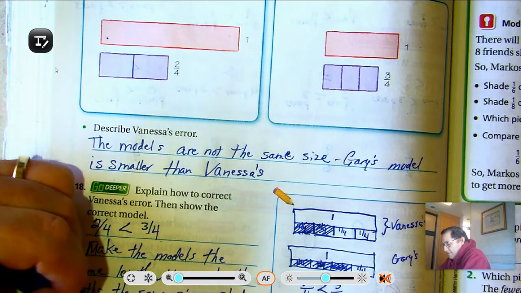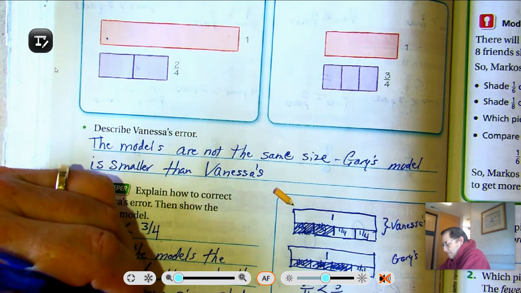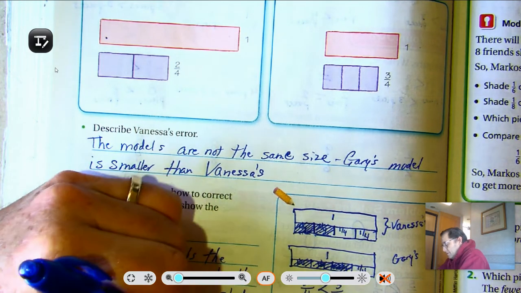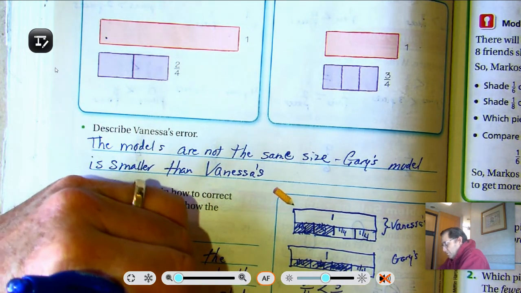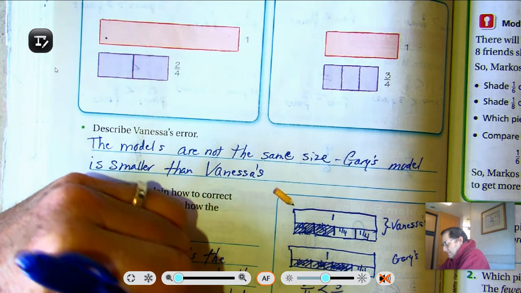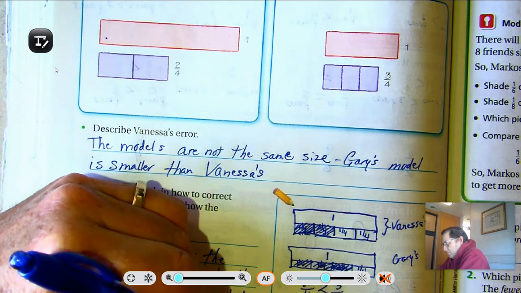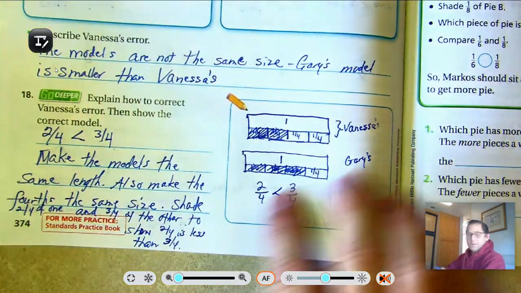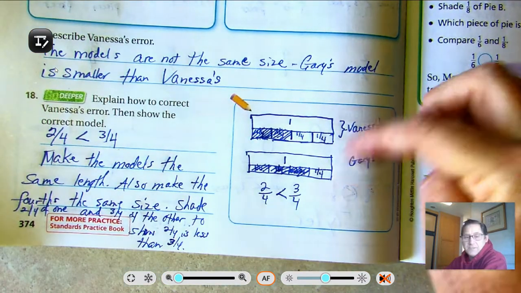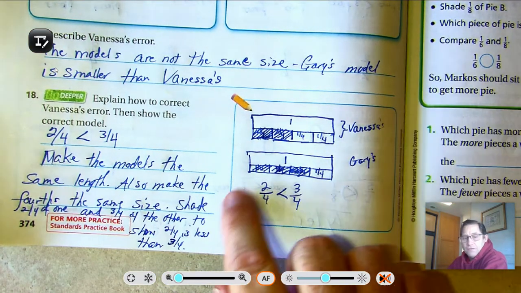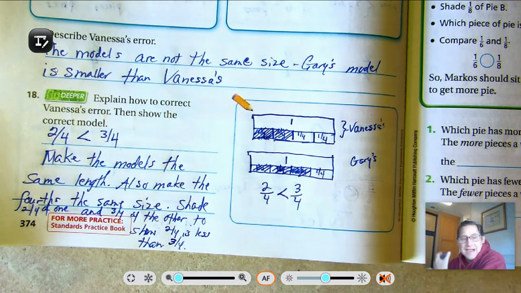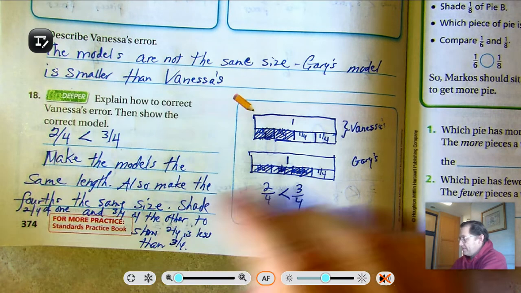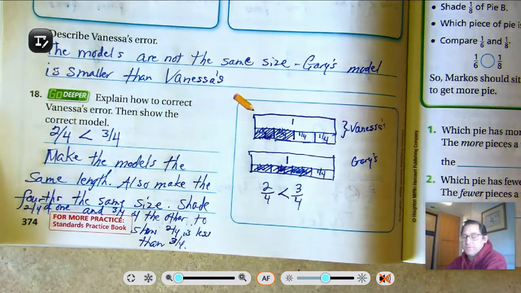Shade 2/4 of one and 3/4 of the other to show 2/4 is less than 3/4. All right. So if you make the models the same and the 1/4 size pieces the same, now we can compare them by shading in 2/4 and 3/4. And we should be able to see that 2/4 is less than 3/4.